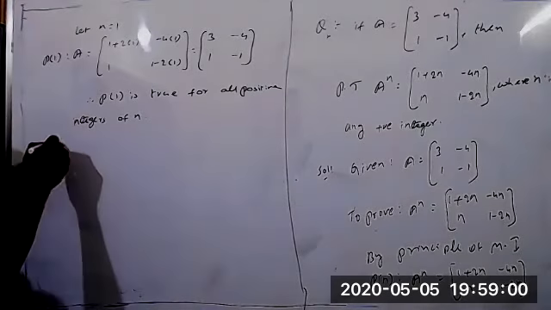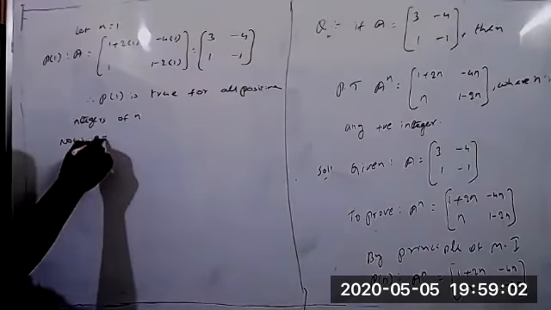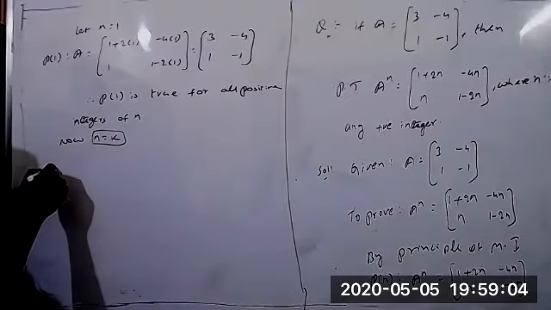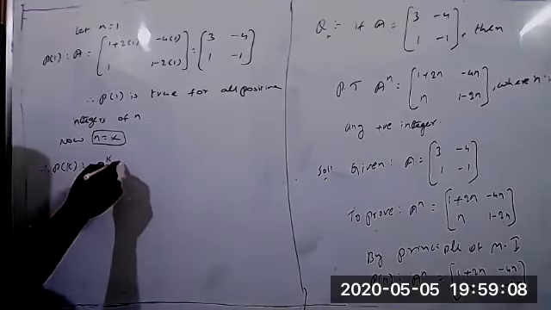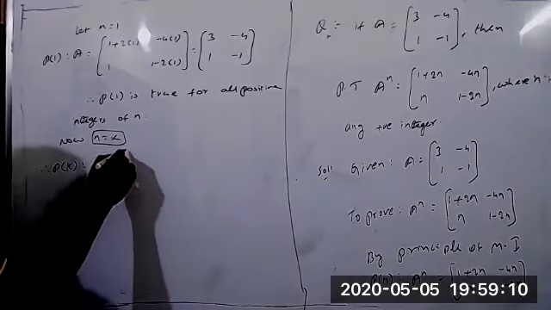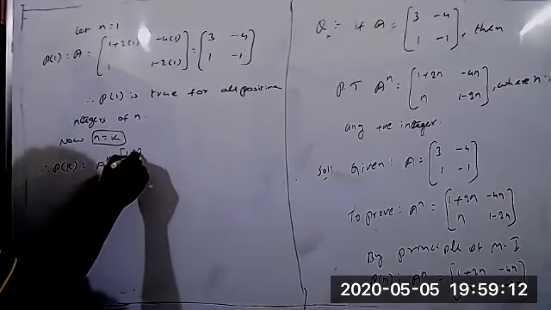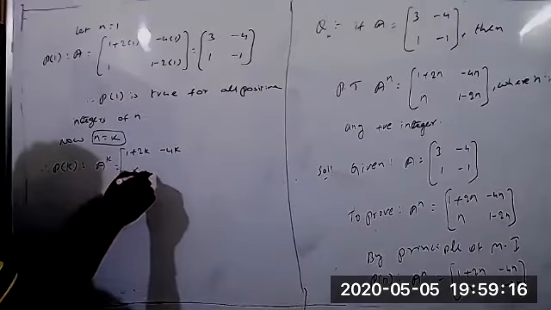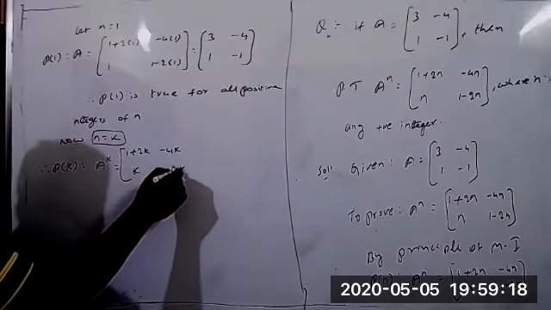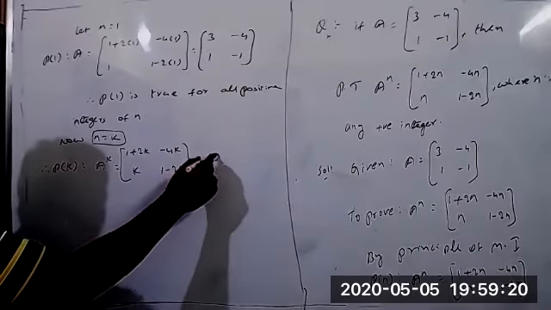Now we take n equal to k. Therefore you can write P(k) such that A to the power k equal to [1 + 2k, -4k; k, 1 - 2k]. This is equation 1.